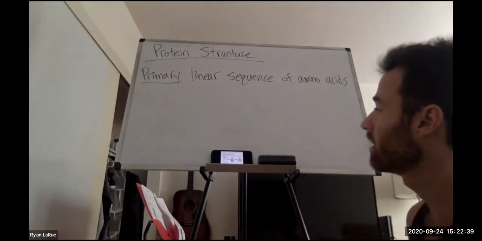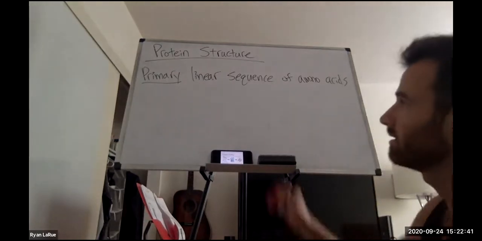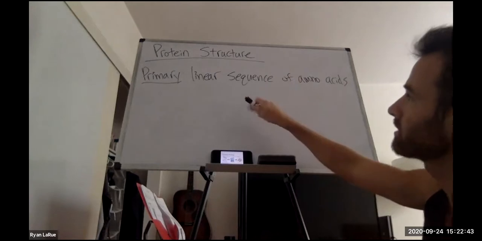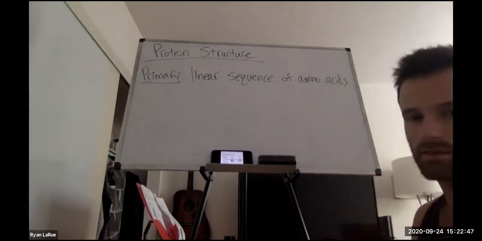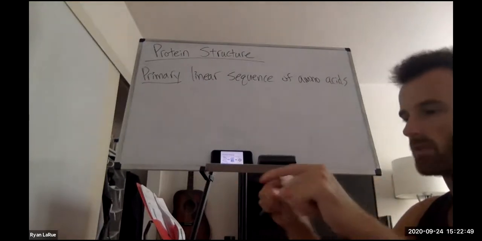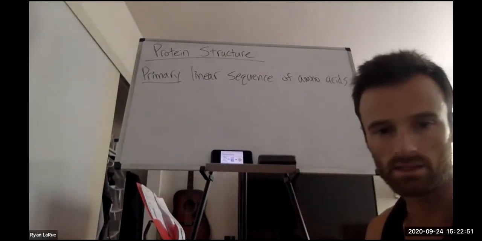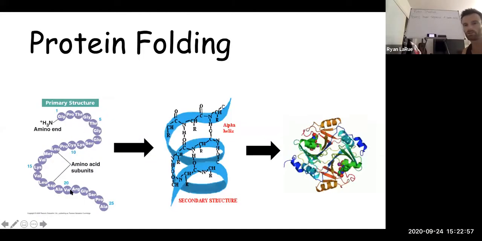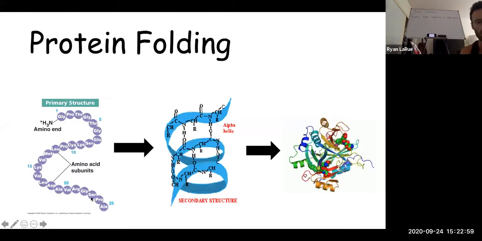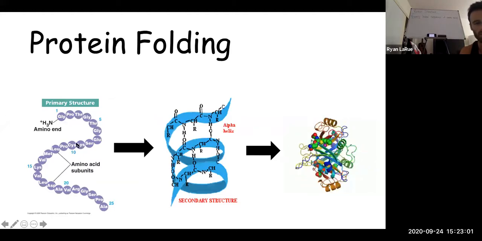So I'll just repeat what I said. The primary structure is this linear sequence of amino acids. It's this chain of amino acids, and it looks exactly like this. So here's our primary structure for this protein, and here are the amino acid subunits.